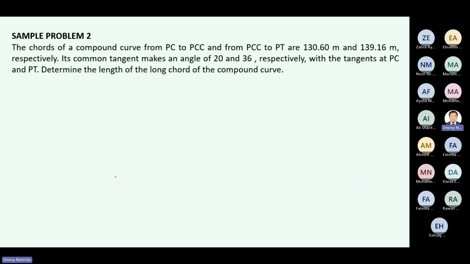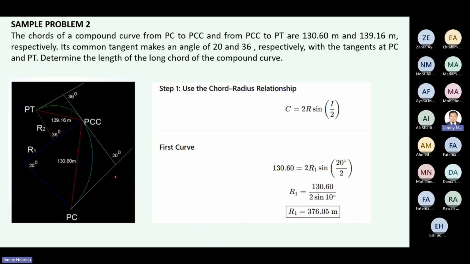Okay, how about sample problem number 2? The chords of a compound curve from PC to PCC and from PCC to PT are 130.6 and 139.16. PC to PCC, 130.6. PCC to PT is 139.16.